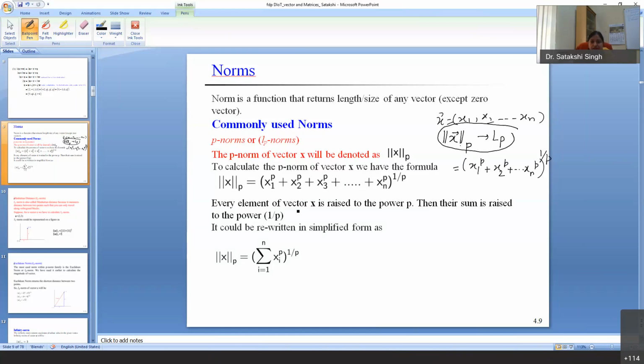So every element of vector x is raised to the power p, then their sum is raised to the power 1 by p. Or in the simplified summation form, we can also write it as the summation of xi to the power p, with i varying from 1 to n, raised to the power 1 by p, as it is written here. So the norm can be defined in this way also.